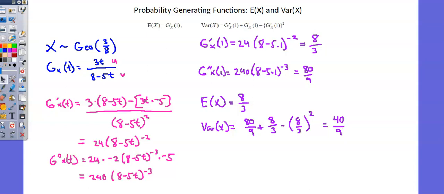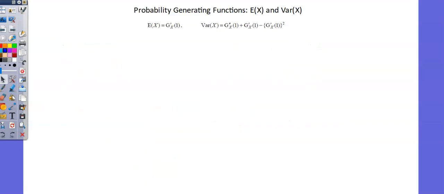Now let's look at a scenario in which we are given mean and variance, and we use those to find the probability distribution.